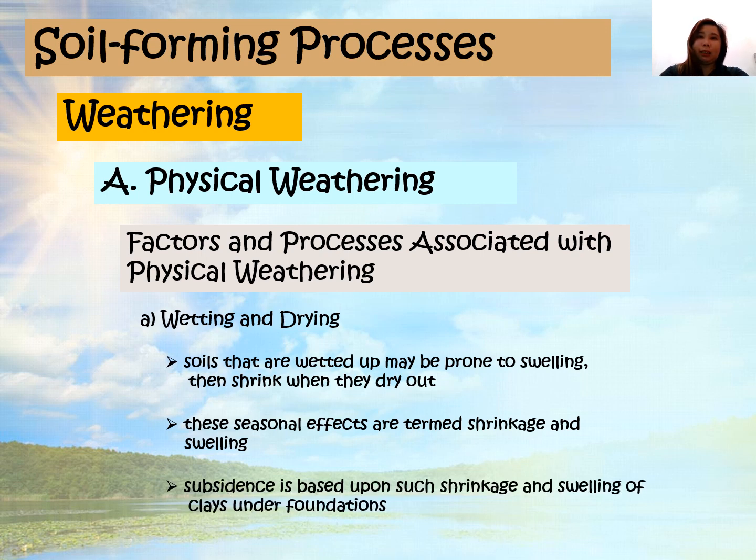And subsidence is based upon shrinkage and swelling taking place under foundation. So this happens when, for example, it rained and the soil is wetted up, it will swell. While during the dry season, because there is not enough water, the soil will shrink.